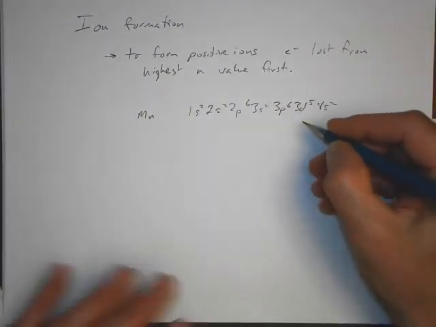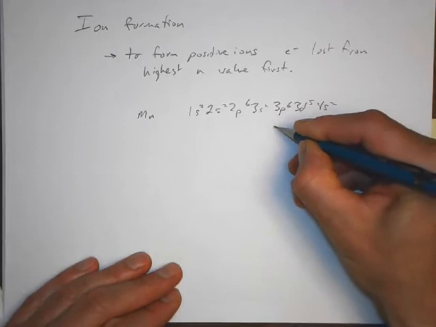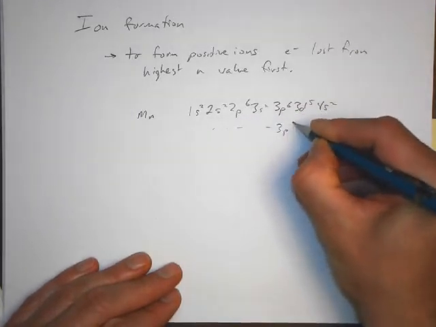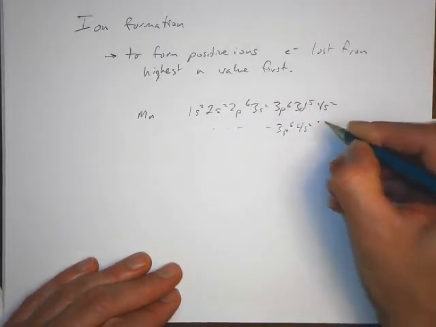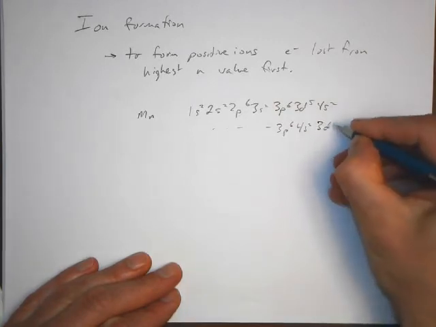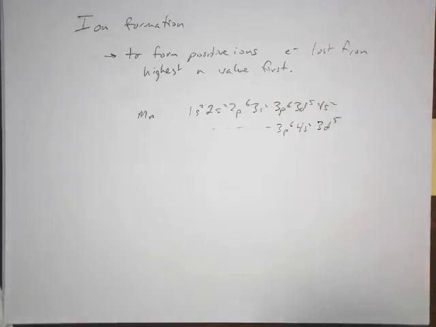If you use the building up principle, you may write it as 3p6, 4s2, 3d5. Okay, so that's for the manganese atom.